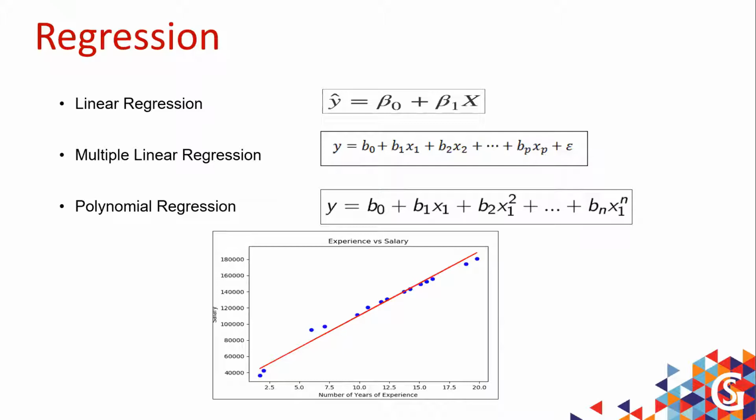It is not yes or no, not like classification which is 1 or 0. I am predicting the salary, a real number. If I am predicting the SLA, the target, the lifetime value, the gross salary or any other continuous variable, that is where I use regression techniques.